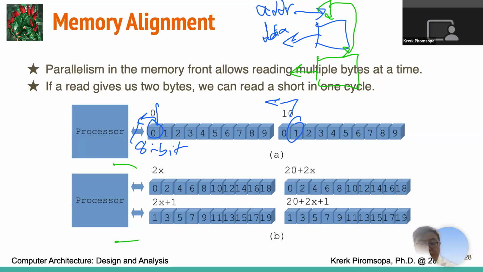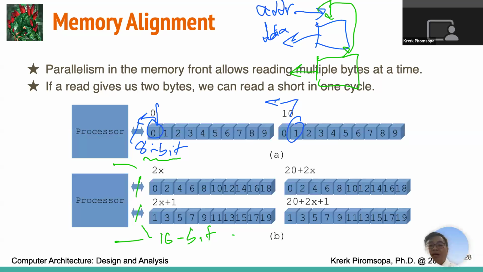So back then, 1 address at a time, you get 1 byte or 8 bits. In modern architecture, I put in one address and I get more than 1 byte. In this case, it's 16-bit.